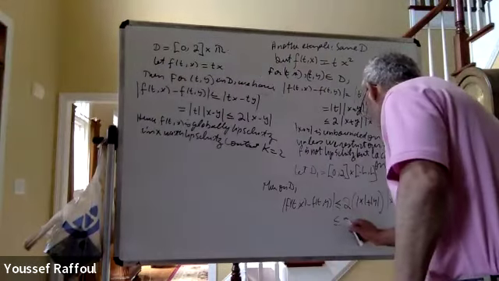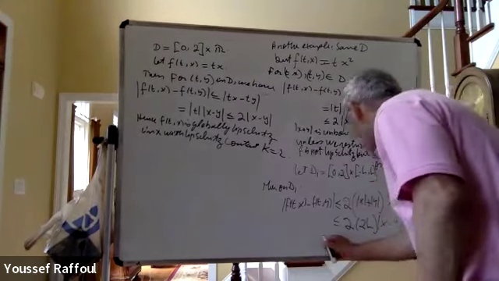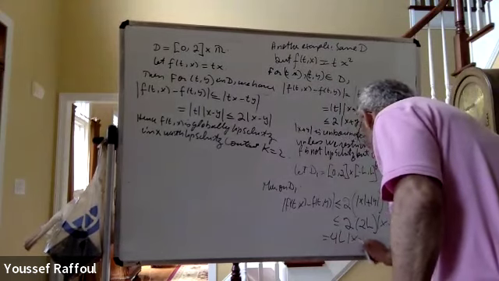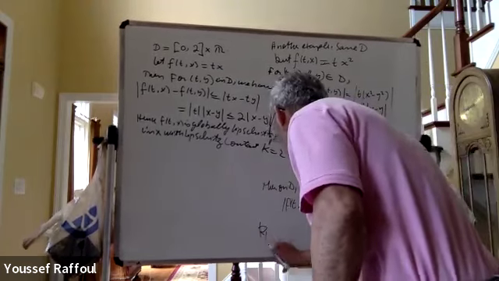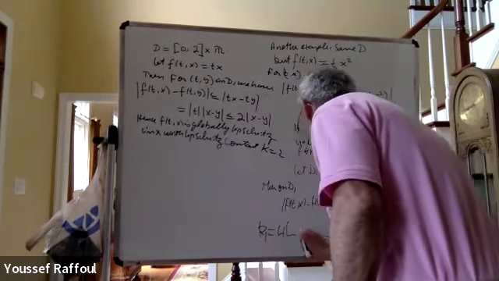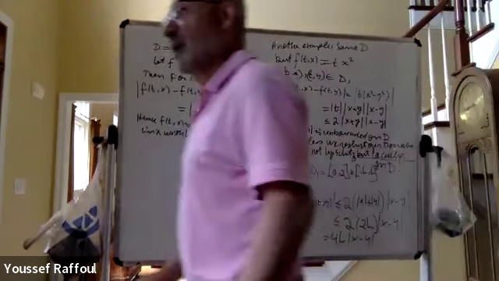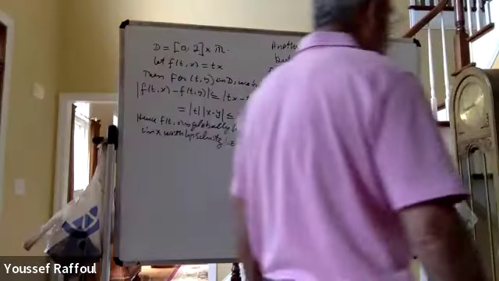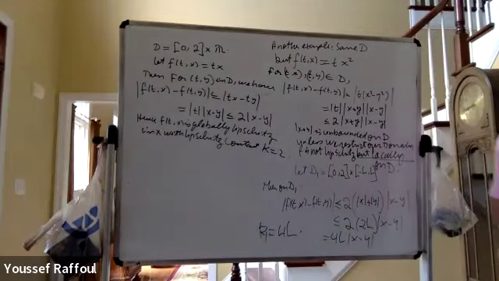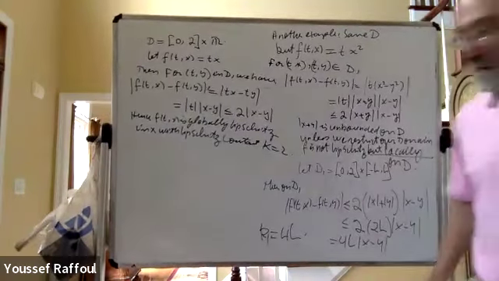So that is less or equal to 2 times 2L times |x minus y|, which is 4L times |x minus y|. So K1 is 4L. So this is locally Lipschitz, because we had to restrict our D to show it is not globally Lipschitz. Okay? Any questions?